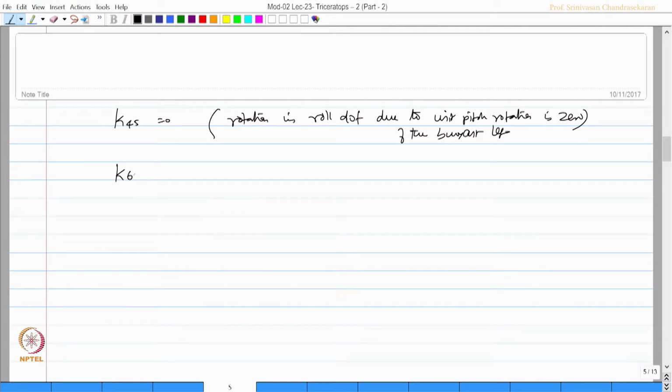K 6 phi is 0 because there is no yaw motion in the buoyant leg due to unit pitch rotation in the buoyant leg.